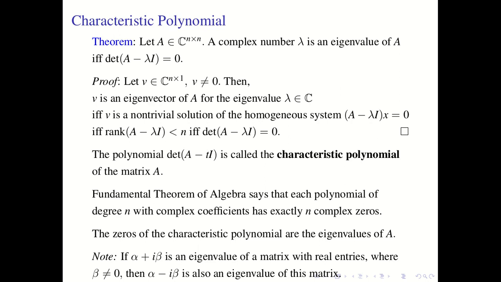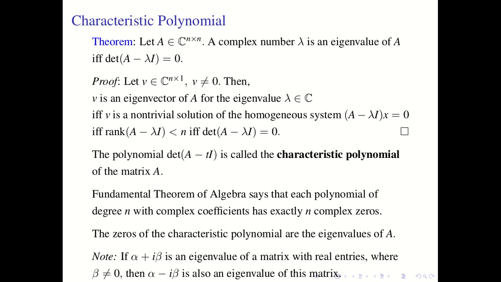So therefore, given a matrix, to find eigenvalues, you compute this characteristic polynomial, determinant of A minus tI, and then look for its roots.